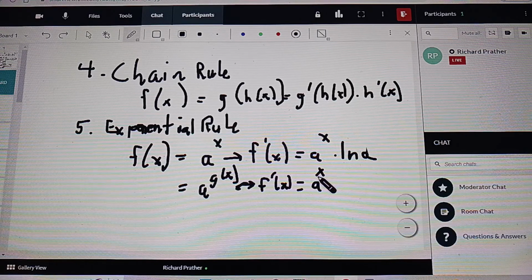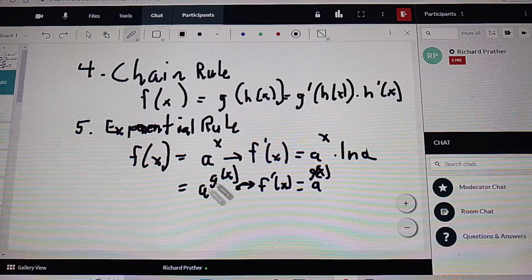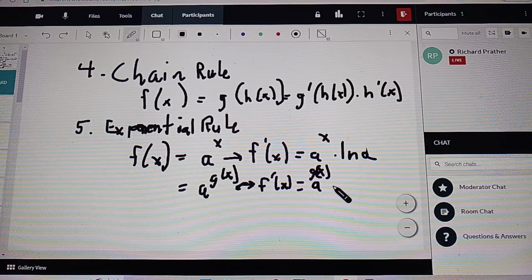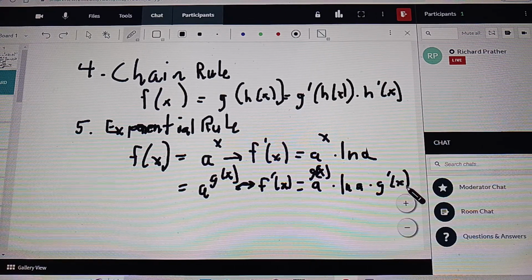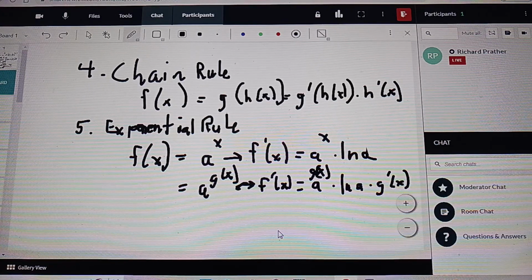You do itself first, g of x, whatever it looks like originally, that's what's there. Then you tack on a ln of the base, and then you tack on the derivative of the exponent. Even if it equals 1, you can think of it being attached on there. So if the exponent is just x, it's really a 1 at the end.